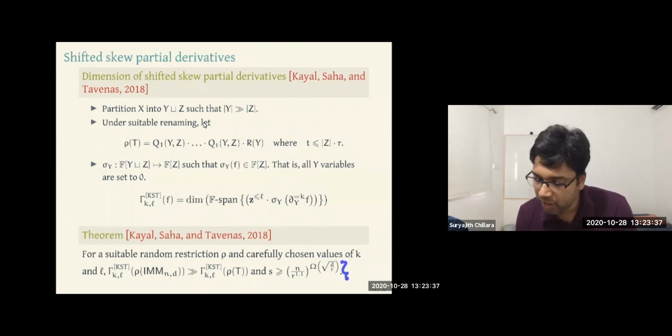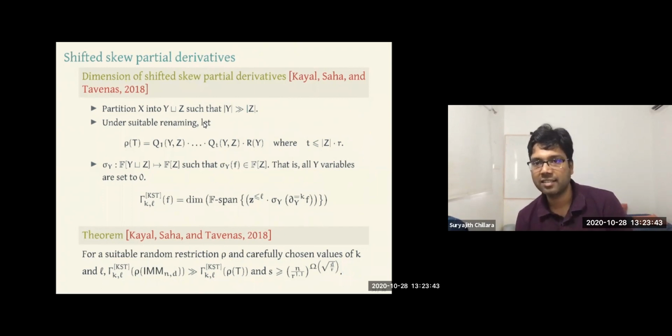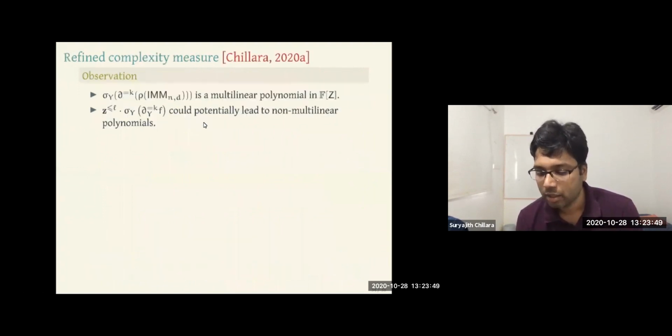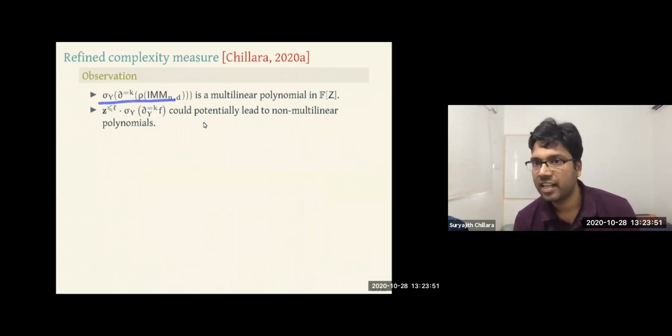However, we wanted to improve upon this. That means this measure is not sufficient, so we need to do an even finer analysis. The polynomial we started out with is a multilinear polynomial. If you take partial derivatives of a multilinear polynomial, those are multilinear polynomials themselves.